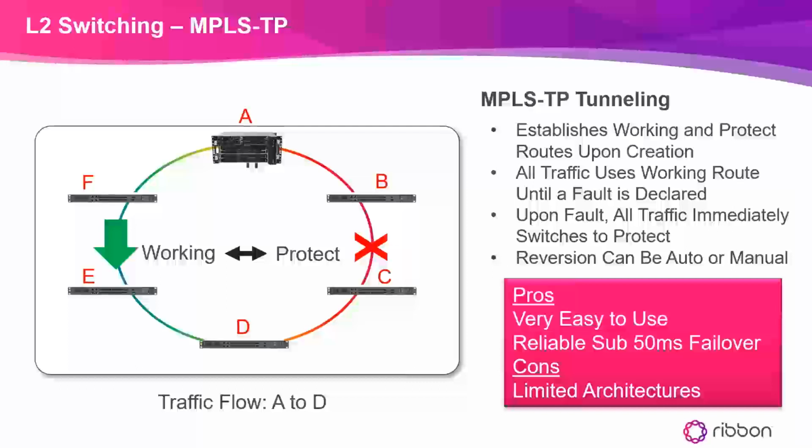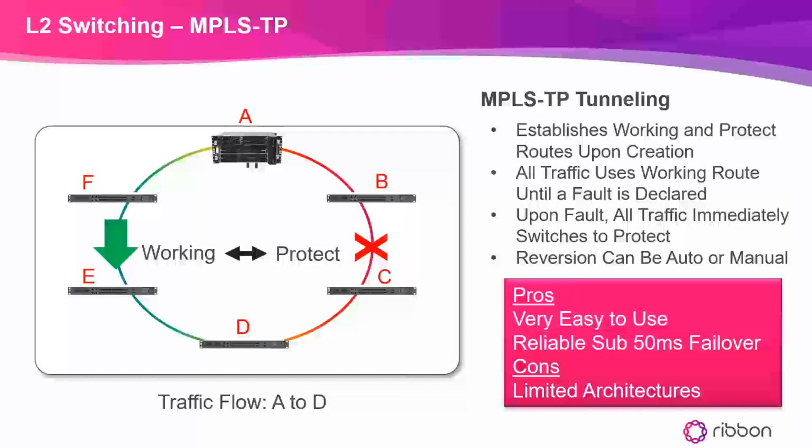And so MPLS basically sets up 2 tunnels, a tunnel from A to D through nodes F and E, and then a tunnel from A to D through nodes B and C. And so one of those will be designated working and one will be designated the protect tunnel. Every service that I put in that tunnel will be protected because it's done on a tunnel by tunnel basis, right? So I could put 1 service in it, 4 services, 6 services, whatever, right? And they'll all be protected in exactly the same way.